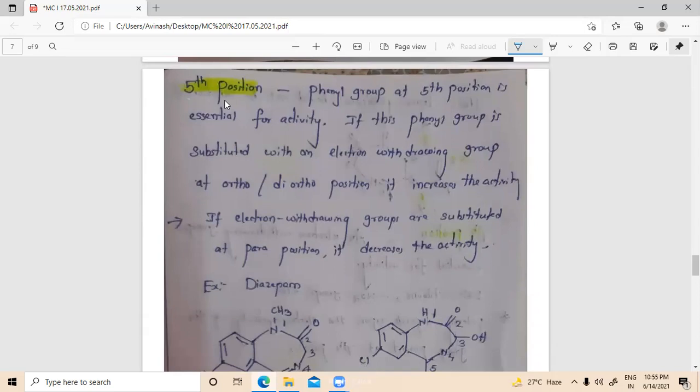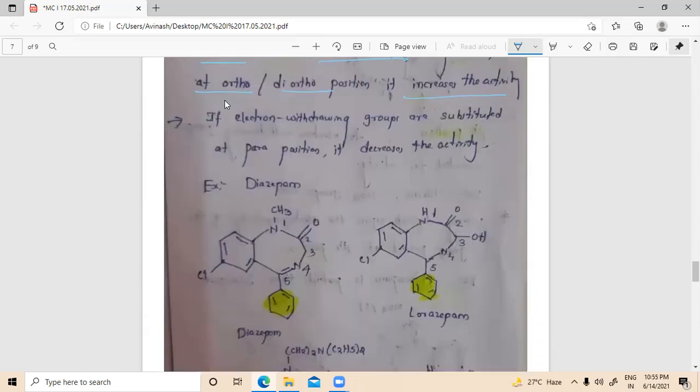Next, coming to the fifth position. The phenyl group at the fifth position is essential for activity. If this phenyl group is substituted with an electron withdrawing group at ortho or diortho position, it increases the activity. If electron withdrawing groups are substituted at the para position, it decreases the activity. For example, you take diazepam.